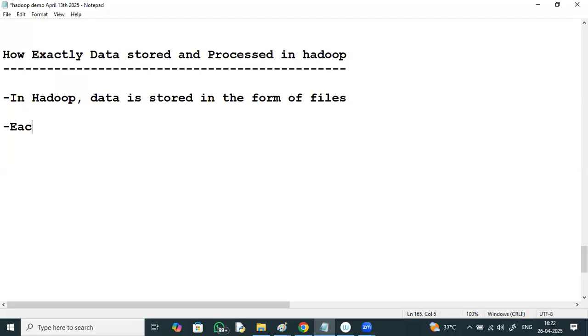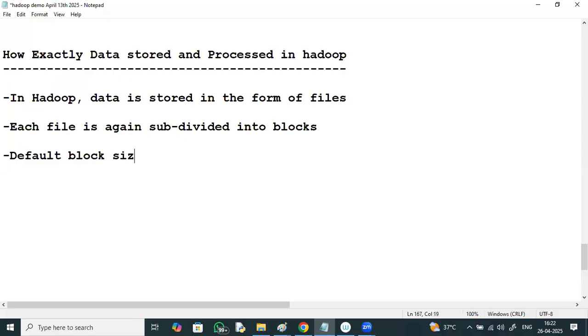Each file is again subdivided into blocks.